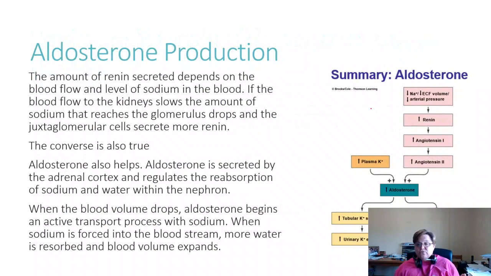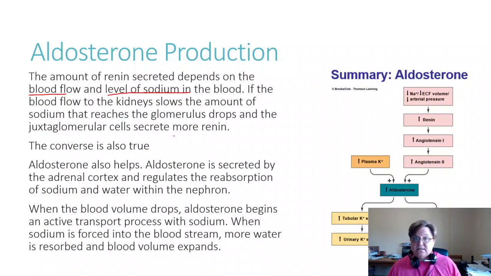So we also know that the amount of renin that's secreted depends on blood flow and the level of sodium in the blood. So renin depends on blood flow and the level of sodium. If the blood flow to the kidney slows, the amount of sodium that reaches the glomerulus drops, and then those juxtaglomerular cells secrete more renin.